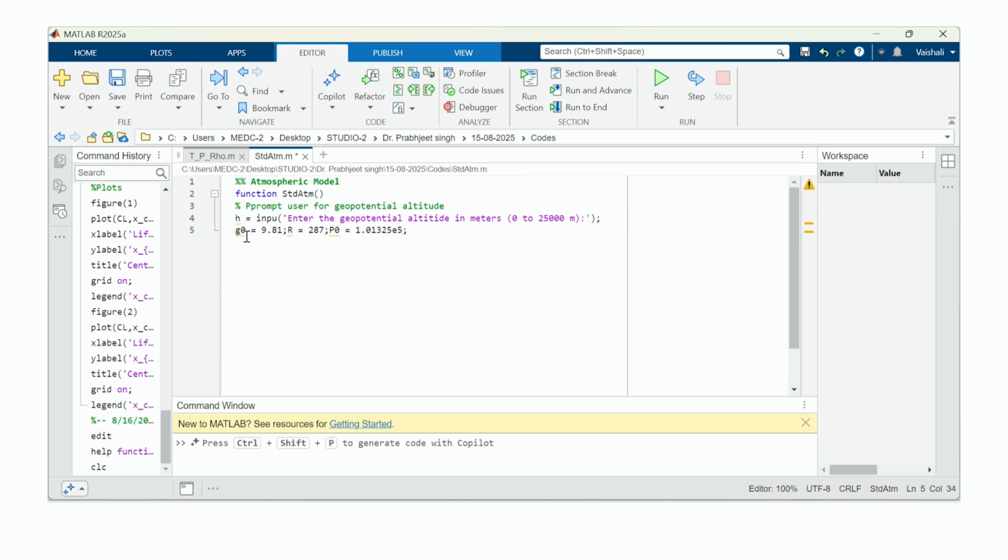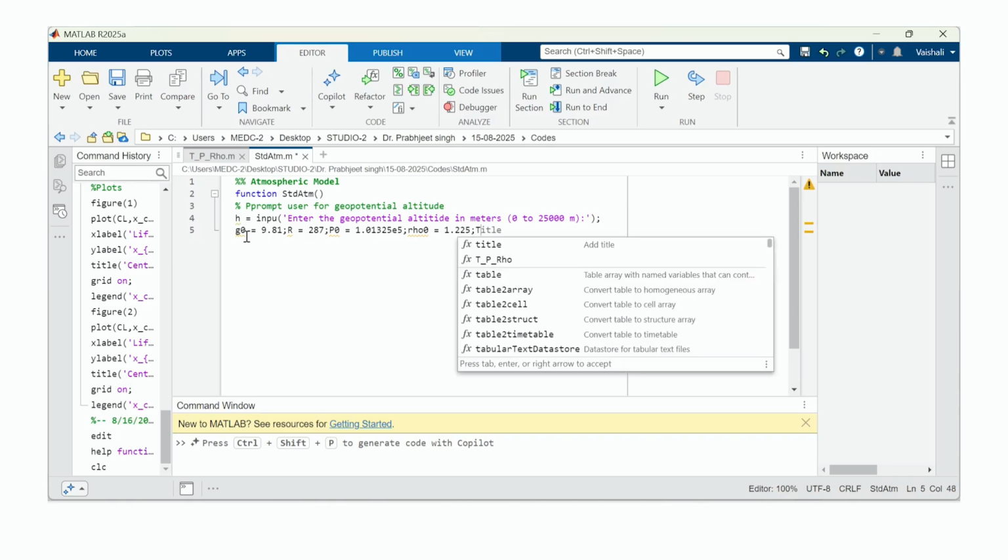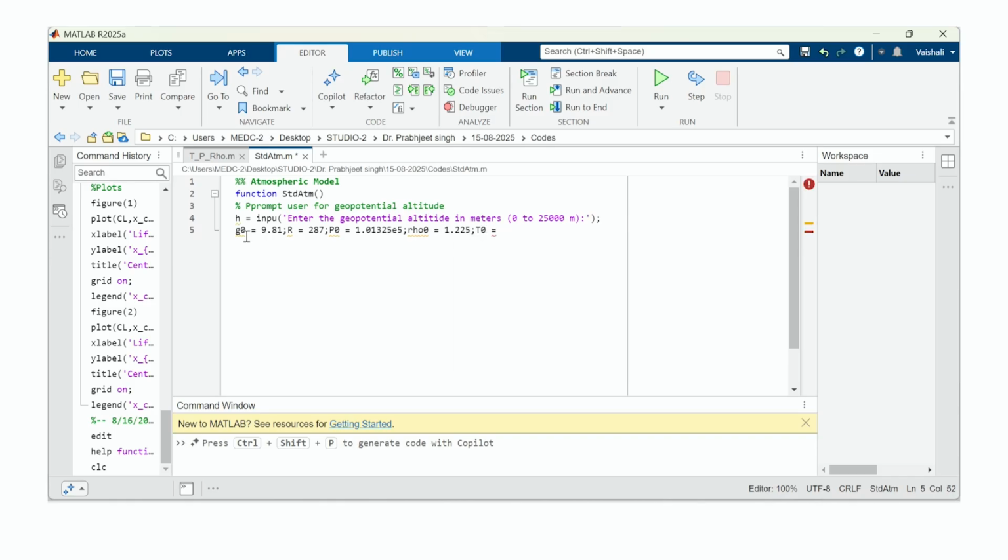Next is density, rho naught equals 1.225 kilograms per meter cubed, the density at mean sea level. What else do we know? Yes, temperature at sea level is 288.16 Kelvin.